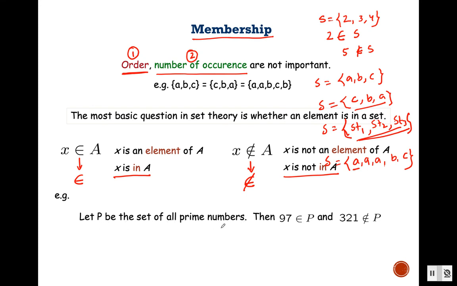In set builder notation, we write it like this: P equals x such that x is a prime number. Then 97 is a prime number, so that means it is an element of P. Now how about 321? 321 is not a prime number, so it is not an element of set P.